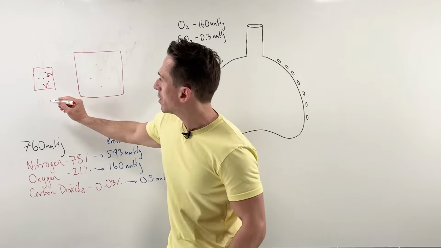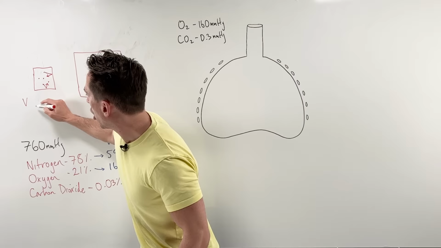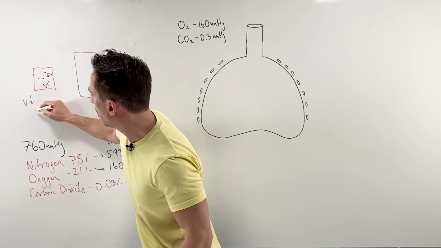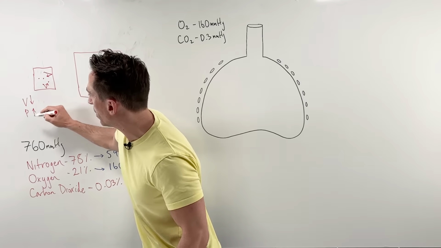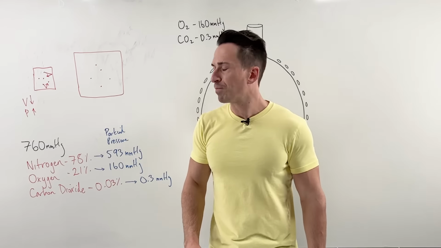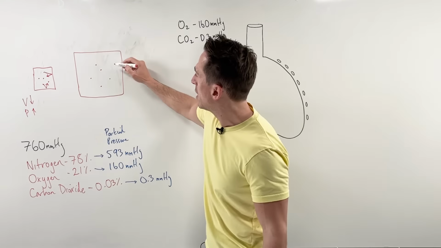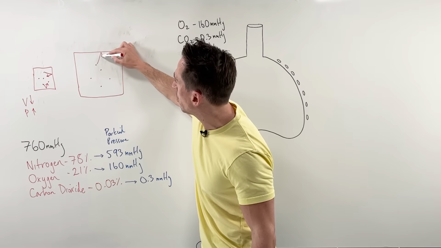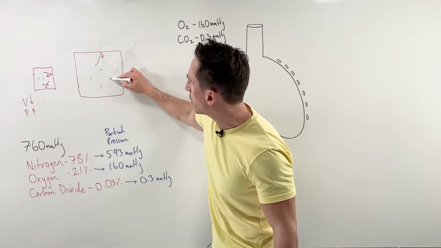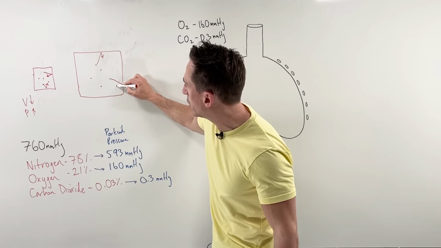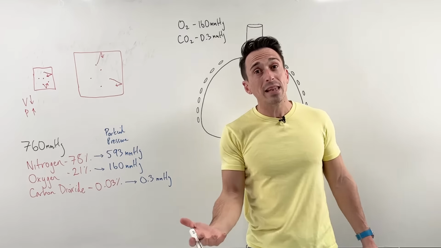So even though the volume of this box is quite low, the pressure is going to be higher, right? In this larger box, with the same number of gas molecules, they're less likely to bounce off the wall because it's further away, right? And because there's so few gas molecules, it's rarely going to happen.